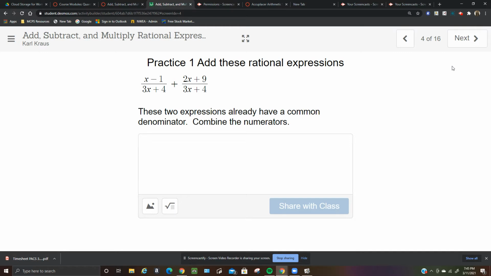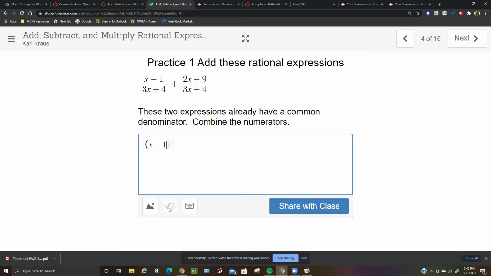So here's practice 1. Because there's already a common denominator and it can't be factored, that's going to remain my denominator. And then in the numerator, I'm going to have x minus 1 plus 2x plus 9, and then the denominator is 3x plus 4.